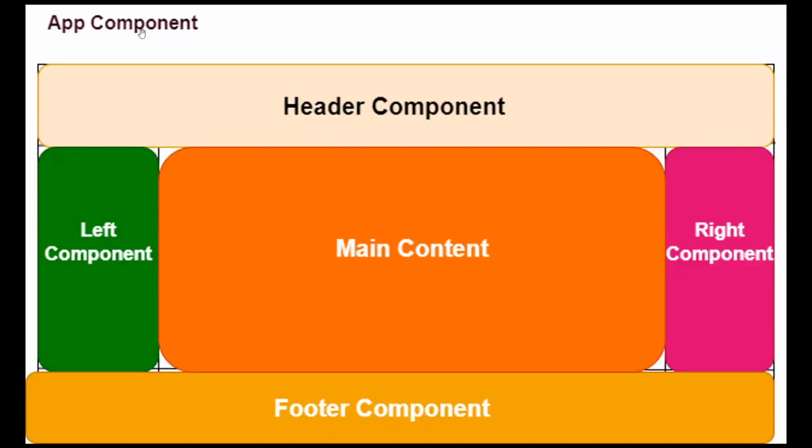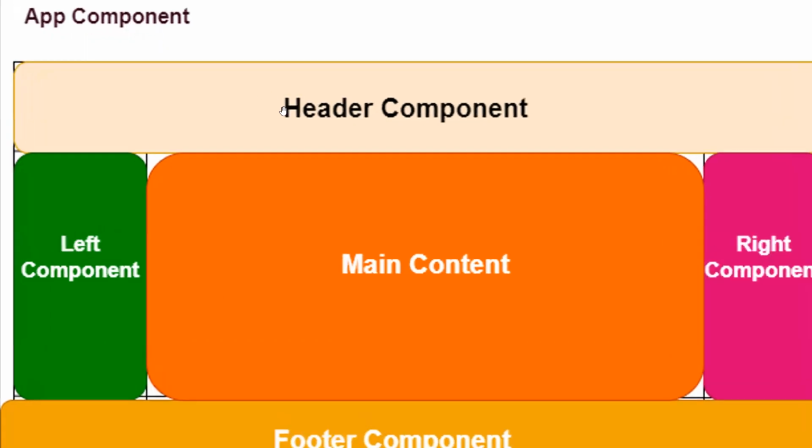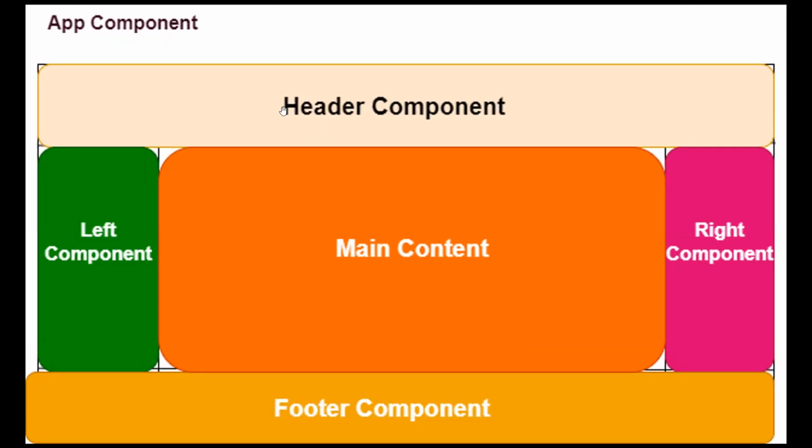Hope everyone is aware. Now, if you think throughout the project, assume you take any website, normally we have these kinds of menus. In React-based, this is called a header component. At the bottom it is the footer component, then the left component, the right component, and the main content in the middle, whatever content you need, you can add.